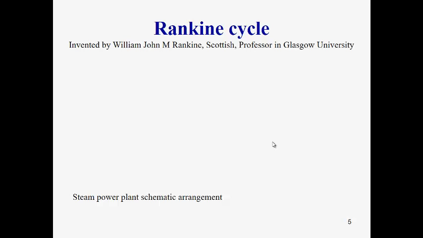The construction of a steam power plant is explained here by means of a schematic arrangement of the components. Basically, there are four components: the turbine, condenser, pump, and the boiler.